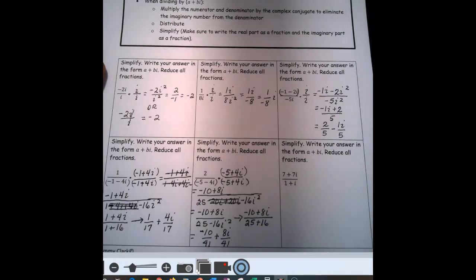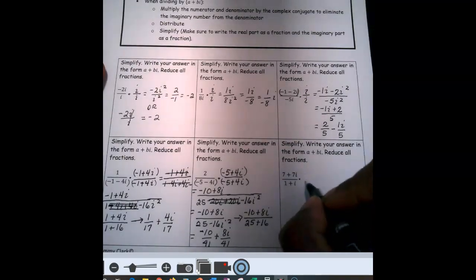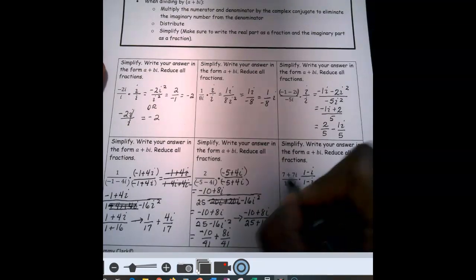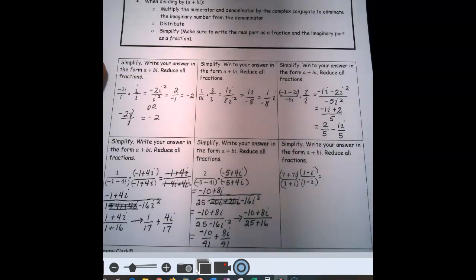Okay, so this time we've got 7 plus 7i divided by 1 plus i. Again, we're going to multiply by the conjugate, which would be 1 minus i. And this time we're going to have to do our distributive property in the numerator and the denominator. So let's go ahead and do that.